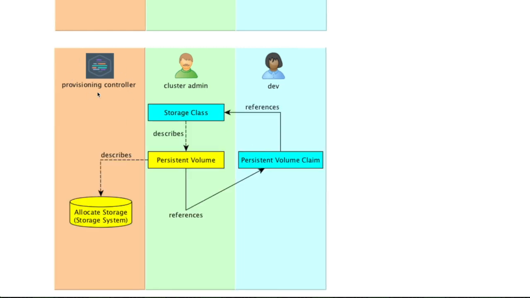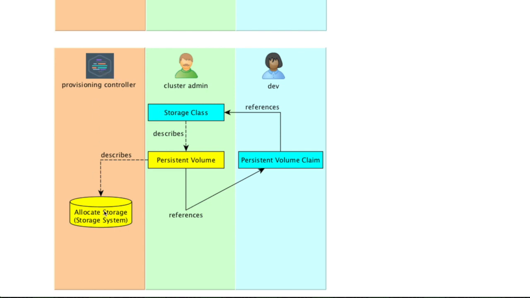The provisioning controller is watching the Kubernetes cluster for persistent volume claims that reference a storage class that the provisioning controller supports. So in this case, our persistent volume claim references our gold storage class, which this provisioning controller understands.